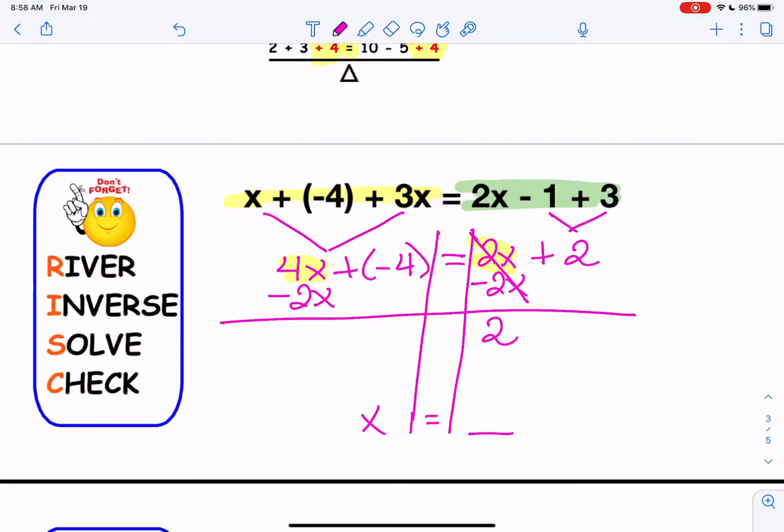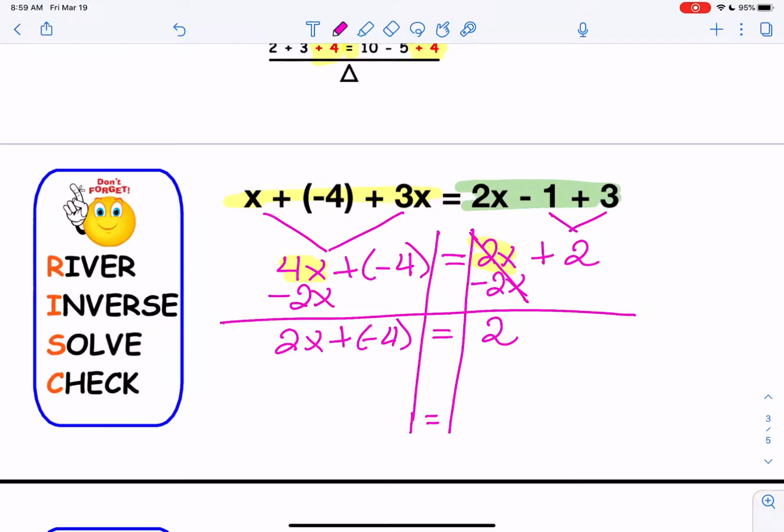And now we just have a 2 on the right-hand side. 4x minus 2x, if I have 4x's and I get rid of 2 of them, I have 2x. And I'm left with 2x plus negative 4 on the left-hand side. Okay?